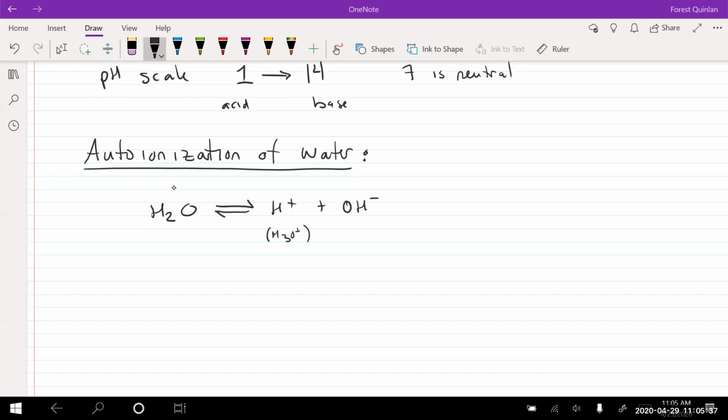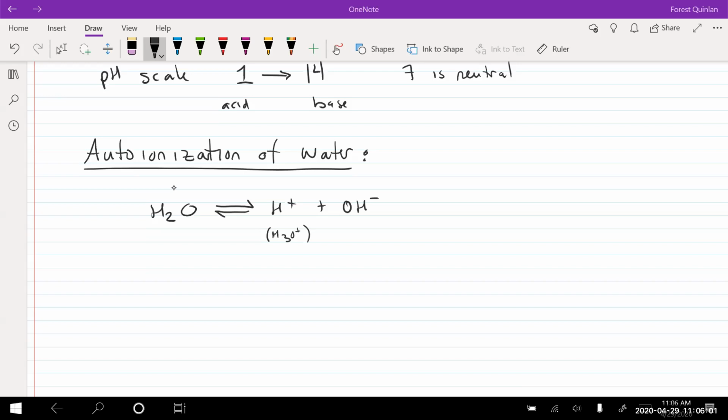Now you can imagine if we go the Wayback Machine to the intermolecular forces, where we talked about the hydrogen bonds that water would like to form. Well, it turns out that when they try to do that, every now and again, they succeed in tearing away one of those H's, making the H3O plus, which we commonly call H plus.